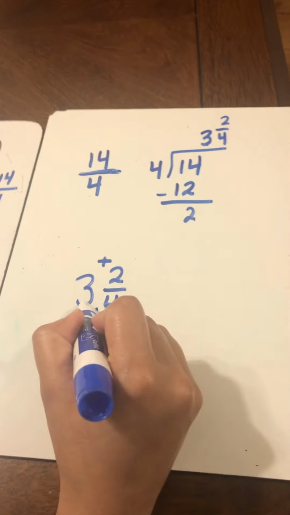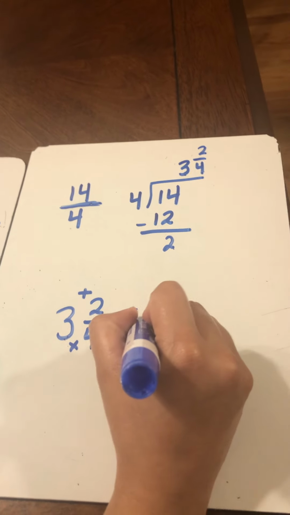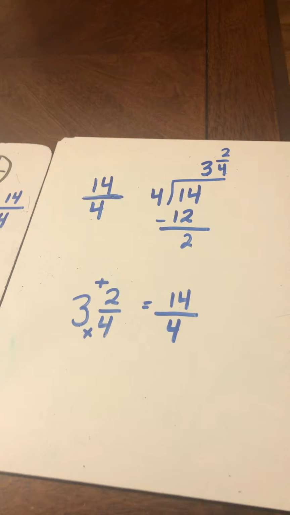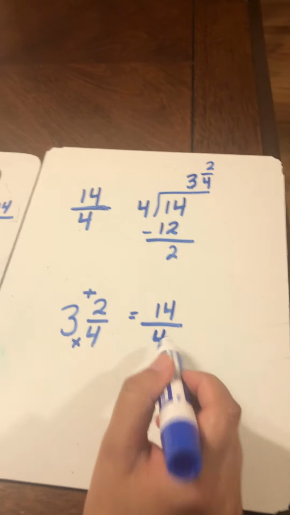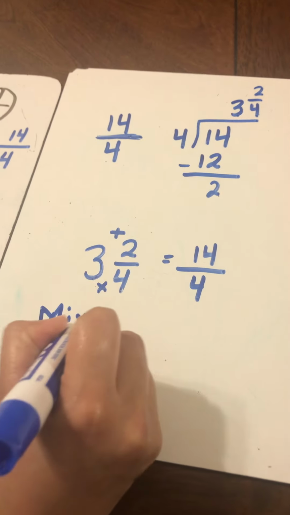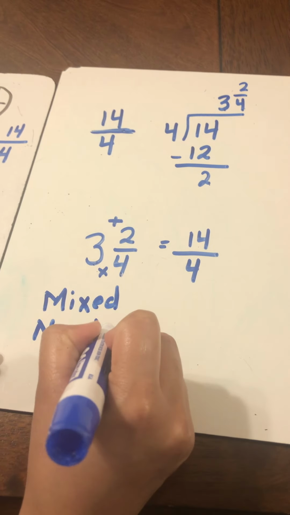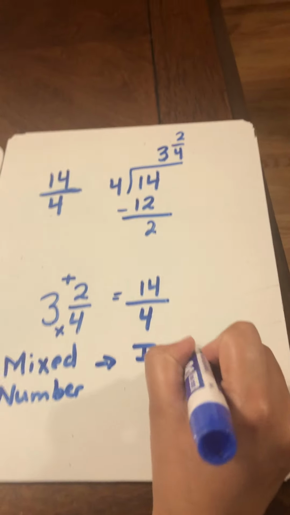So 4 times 3 is 12, plus 2 is 14. And the denominator stays the same because we have fourths. So 3 2/4 becomes 14/4. So remember, this way is a mixed number to an improper fraction.